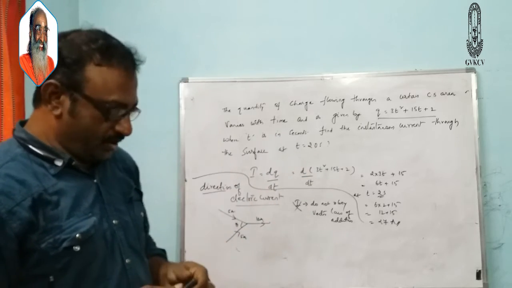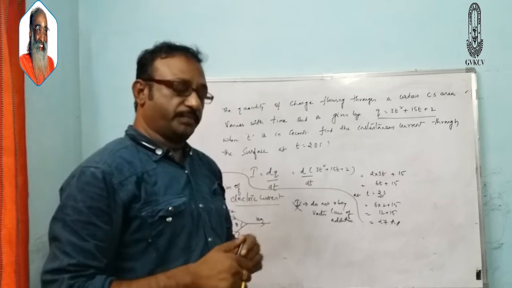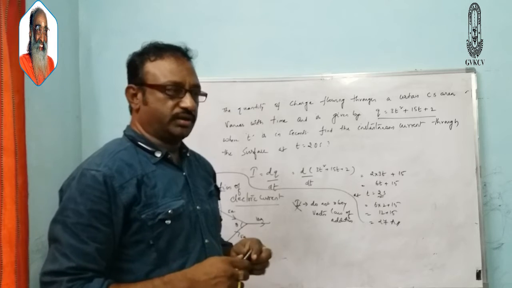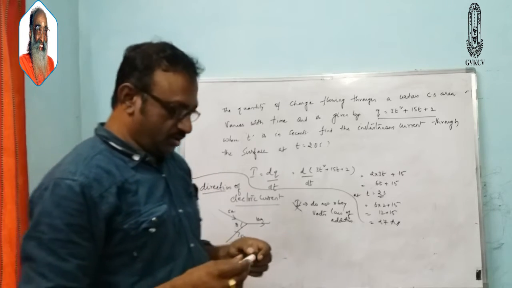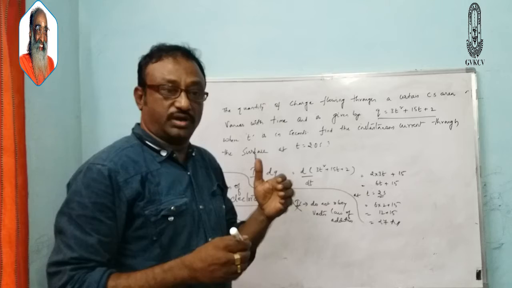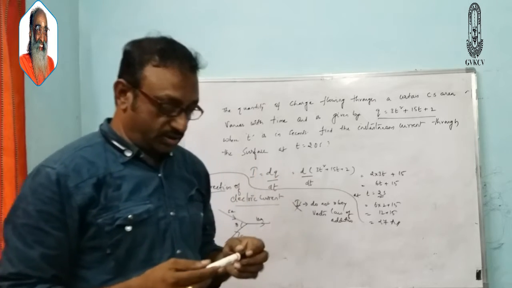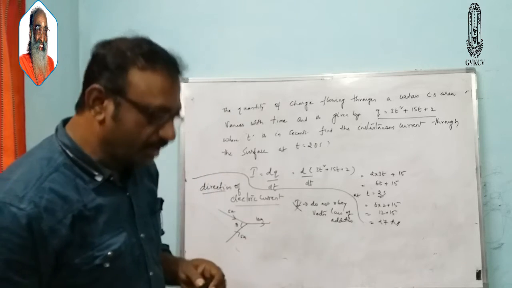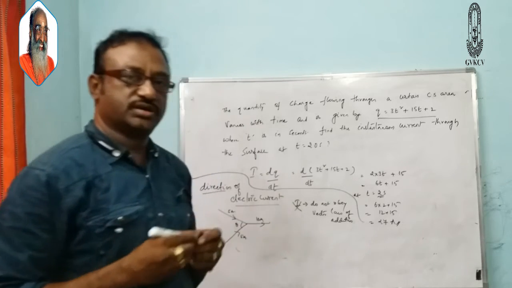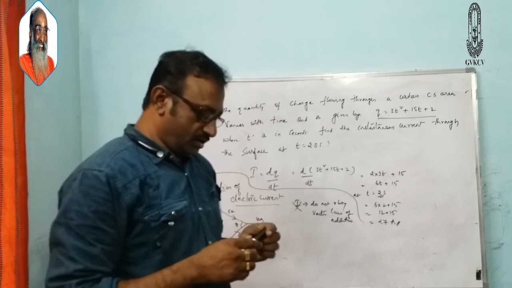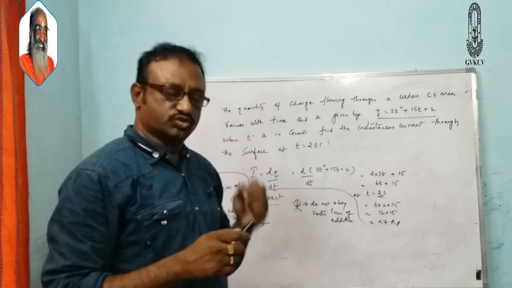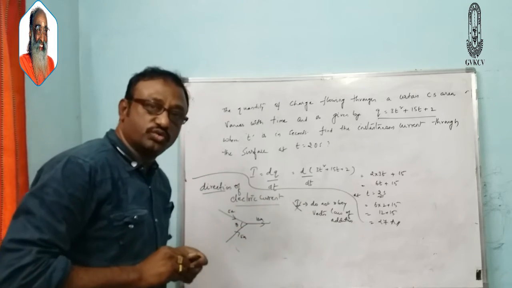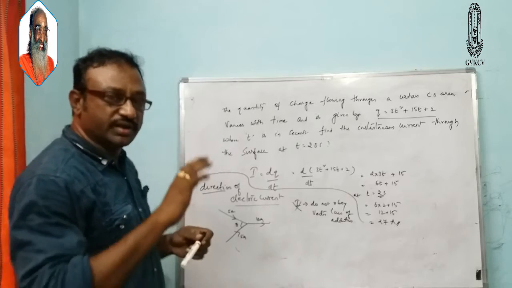Earlier, before they found that the charge carriers are electrons in metals, they said that the charge moves from the positive terminal to the negative terminal in the external circuit.